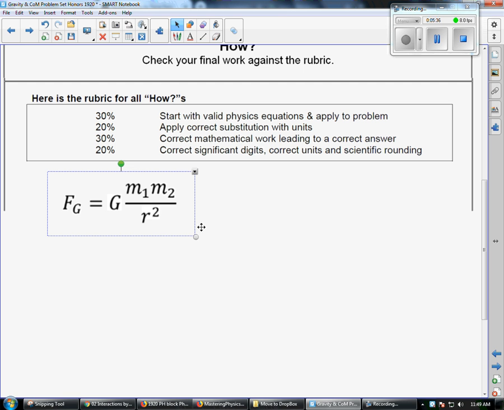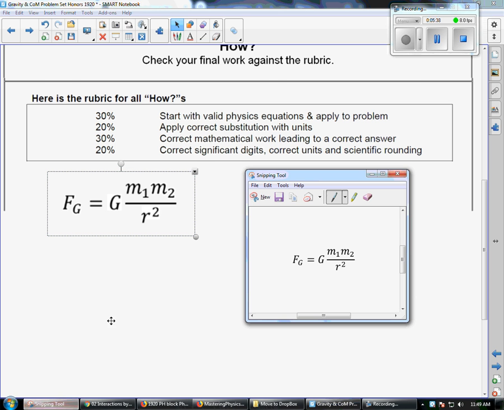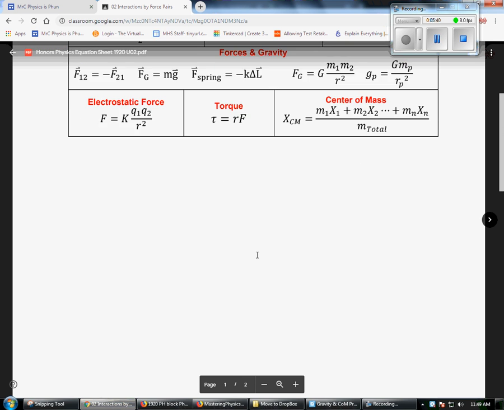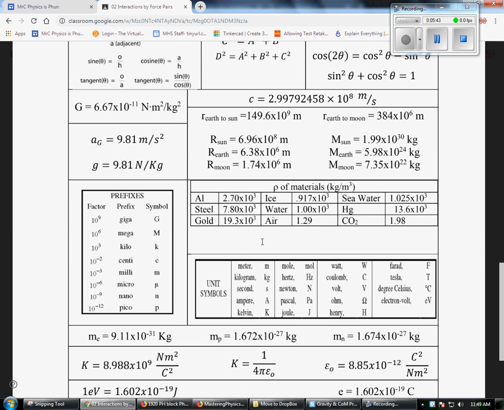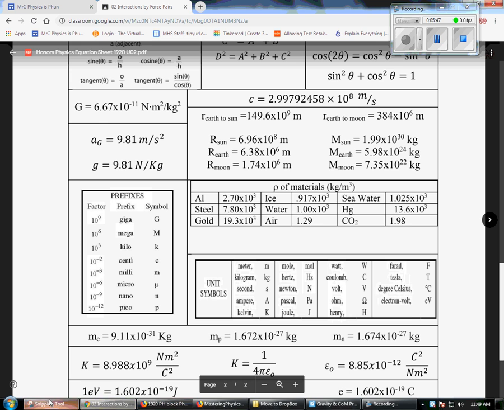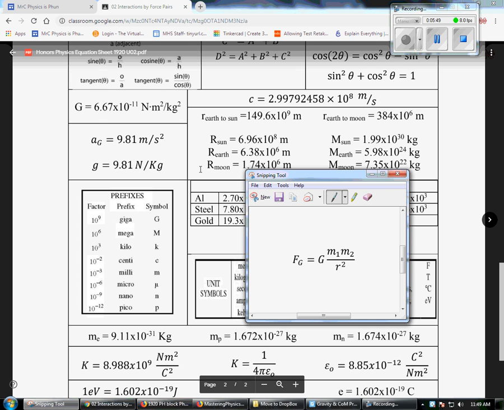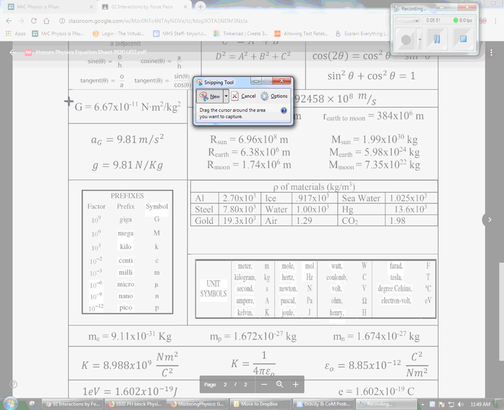Yes, big G, the universal gravitational constant. And nicely, that's right here on my equation sheet, on the second page of it. So I don't even have to memorize it.